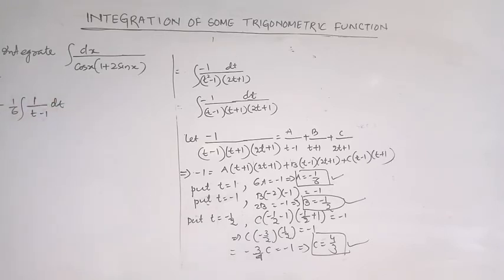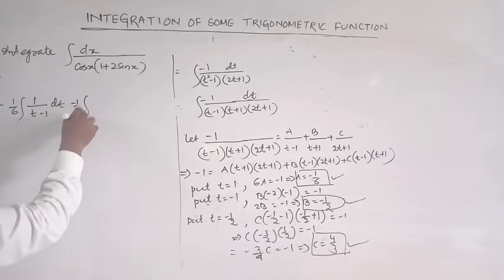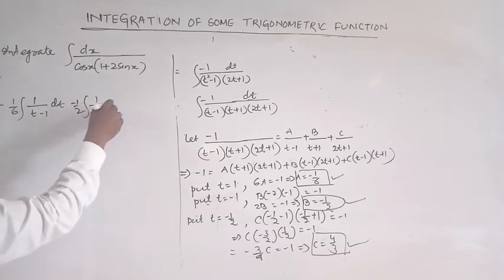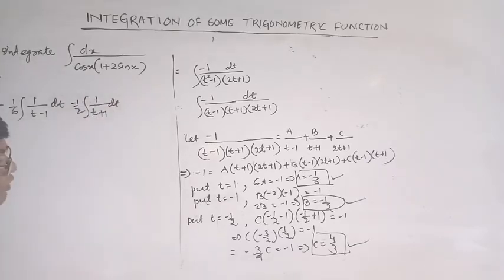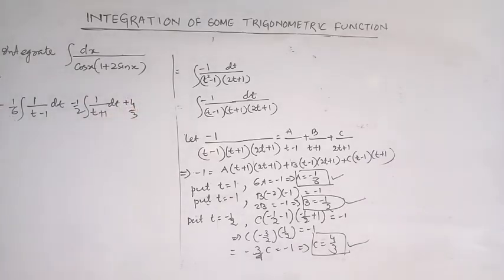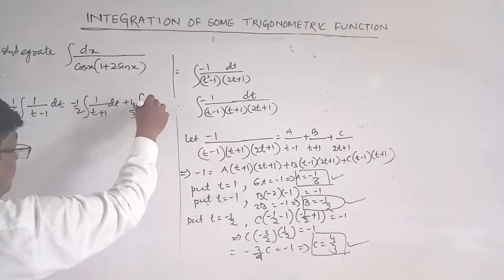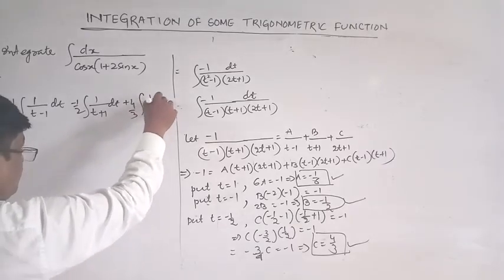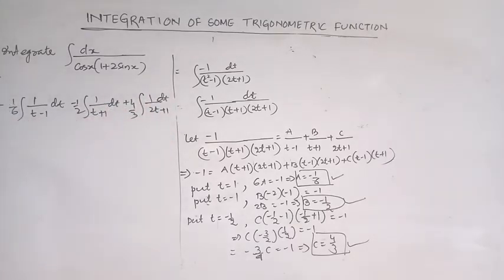And what is the value of b? Minus 1 by 2 into 1 by t plus 1 dt. And the value of c is equal to 4 by 3 into 1 by 2t plus 1 dt. So this is t coefficient 1.